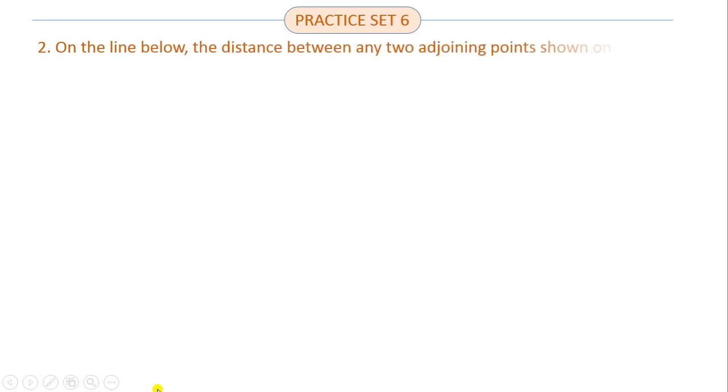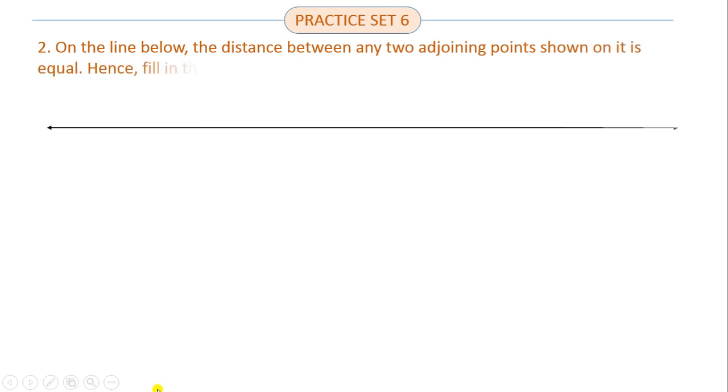Question number 2 is here. On the line below, the distance between any two adjoining points shown on it is equal. Hence, fill in the blanks. One line is given. On that line, some points are given, like point Q, point P, point Z, point Y, point X, point W, point A, point B, and point C. And the distance between any two adjoining points is equal.